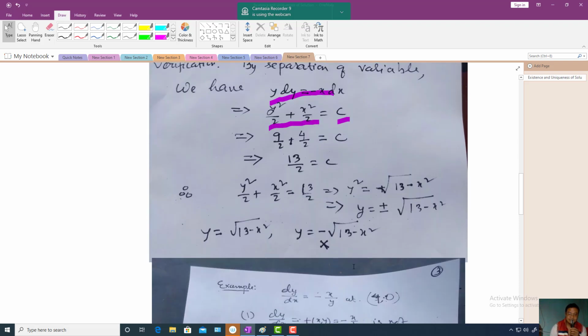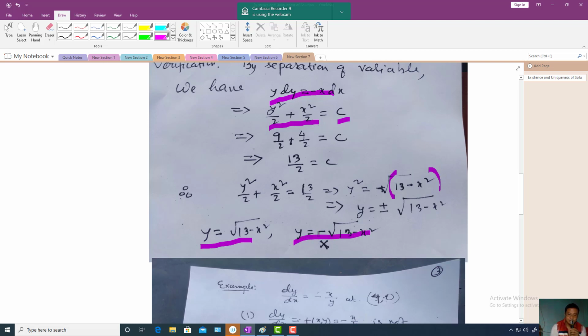After simplification, what you have is y square is equal to 13 minus x square. If you take the square root, you will get plus or minus this. So in fact, you have two functions, one is this and another is this one.